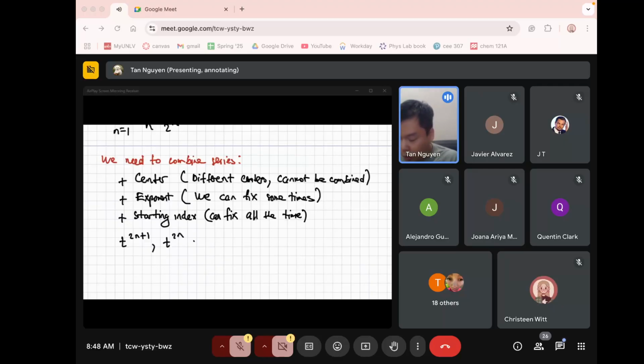Unfortunately, in this case, this cannot be fixed. Can anybody tell me why this cannot be fixed? They cannot be made the same. Can you explain why?